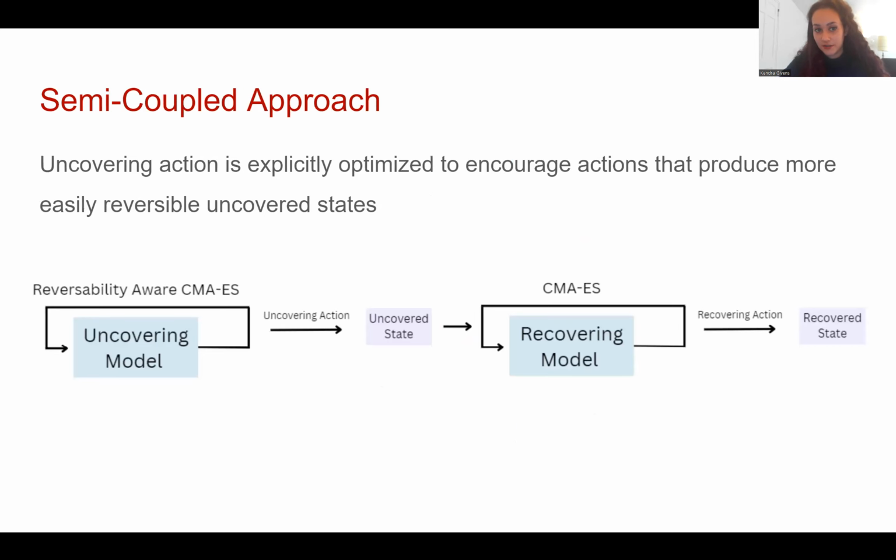So we developed these other two approaches, starting with semi-coupled. This is the one where we're explicitly injecting our biases into the objective function. It's not being directly optimized yet, but the objective function is reversibility aware, and it's optimized to produce what we think are more reversible states, from what we observed in the real world.